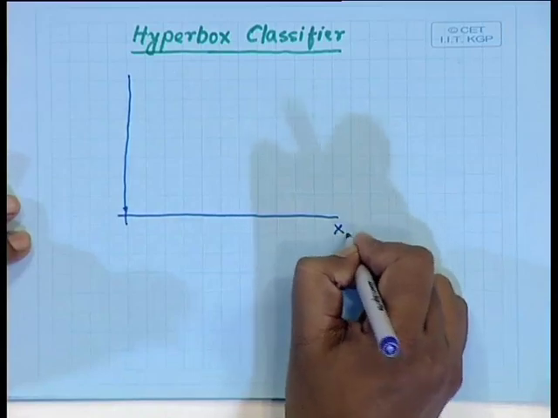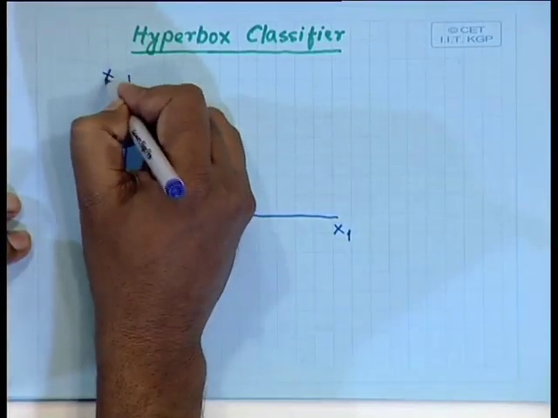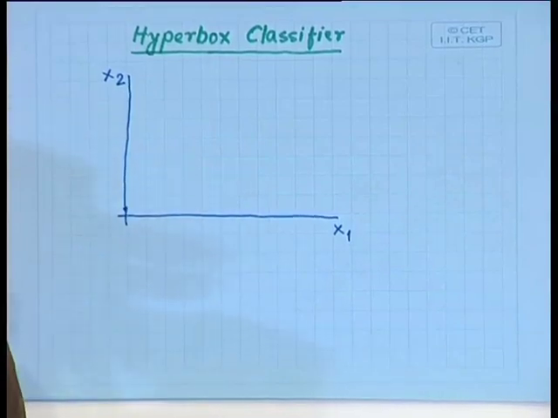Again, I am taking this example in 2 dimensions, having two feature components x1 and x2.